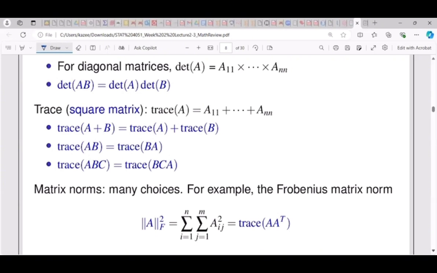The interest may be in finding the trace of two matrices that have been multiplied. For instance, I have matrix A and its transpose, that's why you see A transpose. Of course, after multiplying that, it's going to give me another matrix. I can also find the trace of that too.